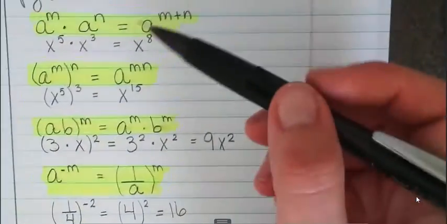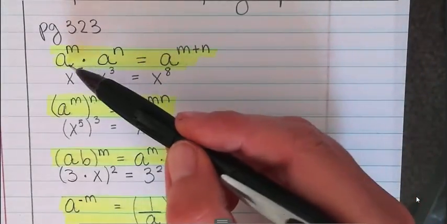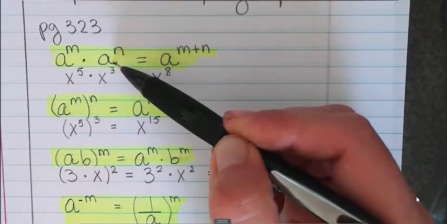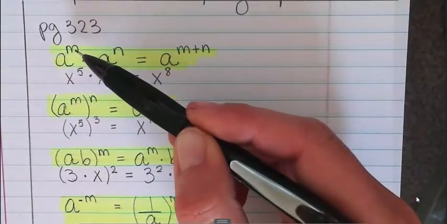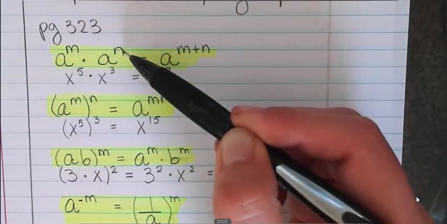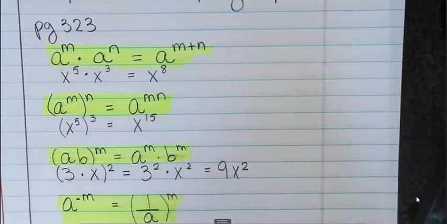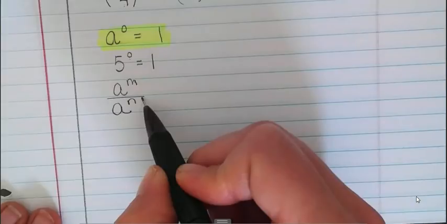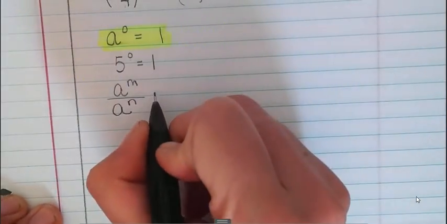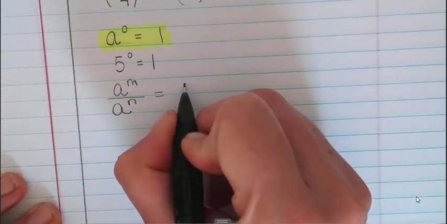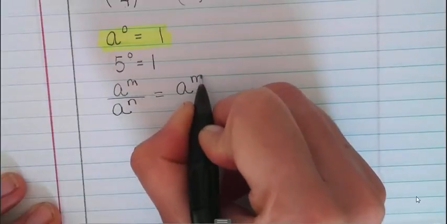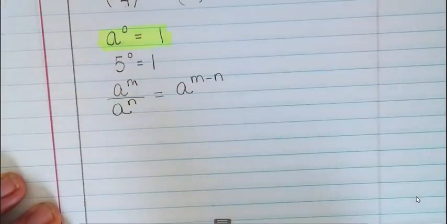So when we did that with multiplication, like bases and then we were multiplying, what we did was we added the two exponents, or the two powers. So now we're dealing with division. So instead of adding those two powers, we're now going to subtract them. So this would really be a to the m minus n.